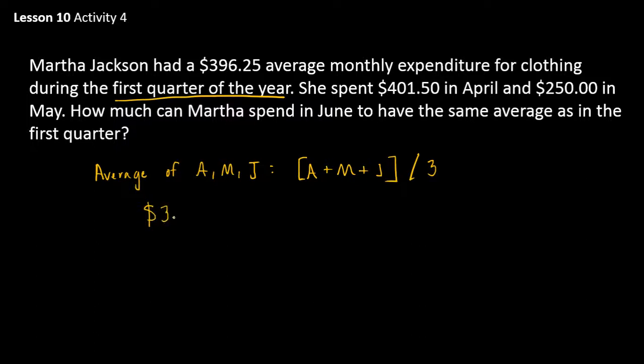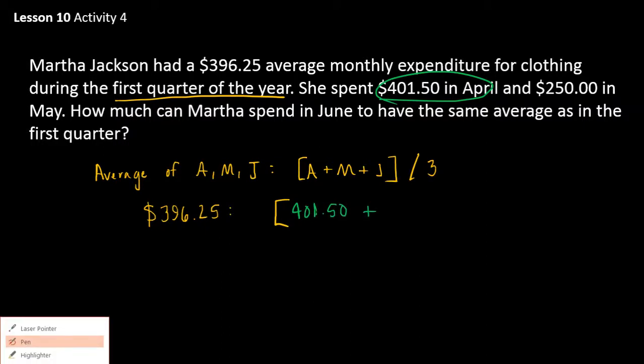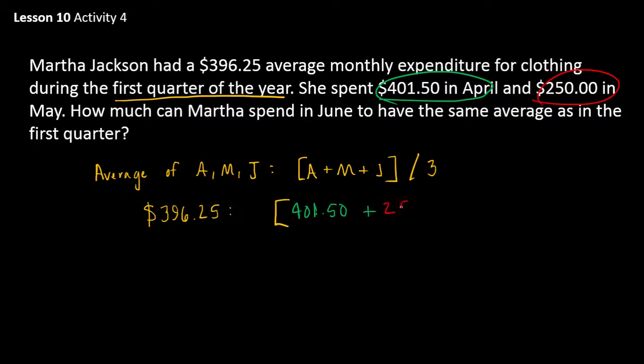So if I want to keep an average of $396.25, and I already know that I spent $401.50 in April and $250 in May, I'm going to solve for J, June, to figure out how much I can spend in June to keep that average. So $396.25 equals $401.50 plus $250, plus June.